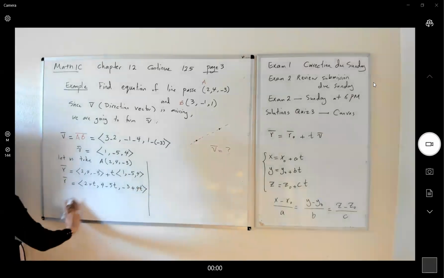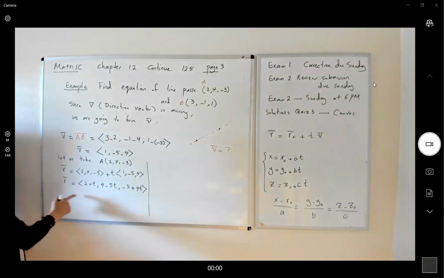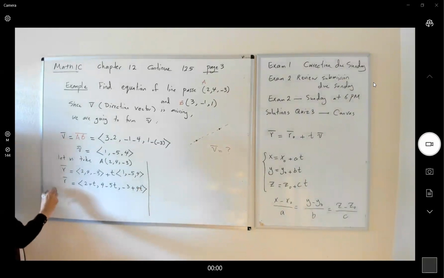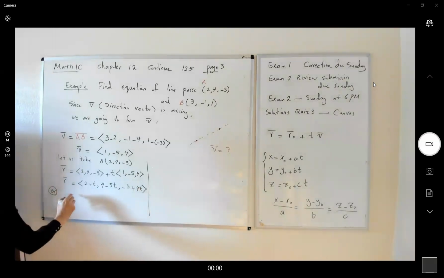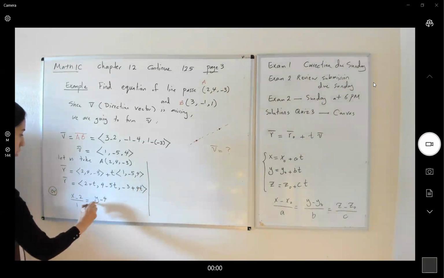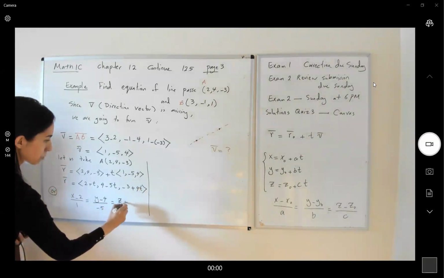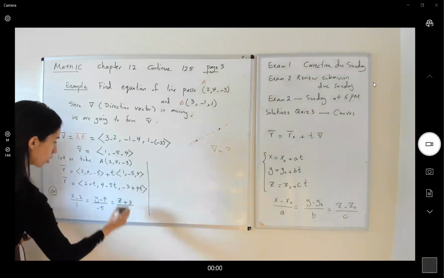Very well. You can write a parametric equation, you can write a symmetric equation. The symmetric equation, so let me write it here for you, is going to be x minus 2 divided by 1 equals y minus 4 divided by minus 5 equals z plus 3 divided by 4.